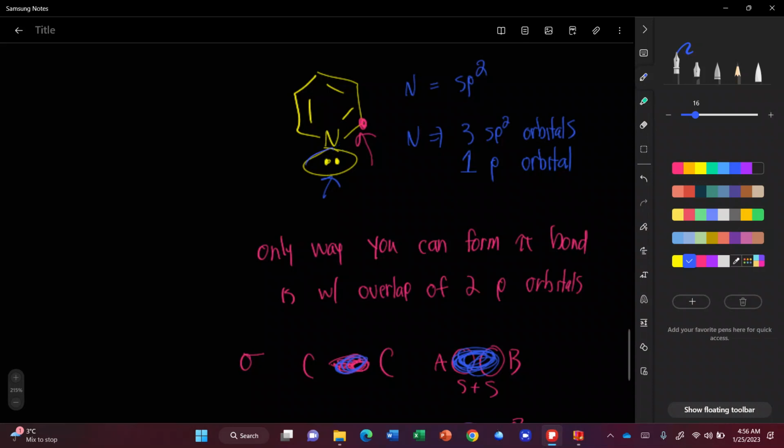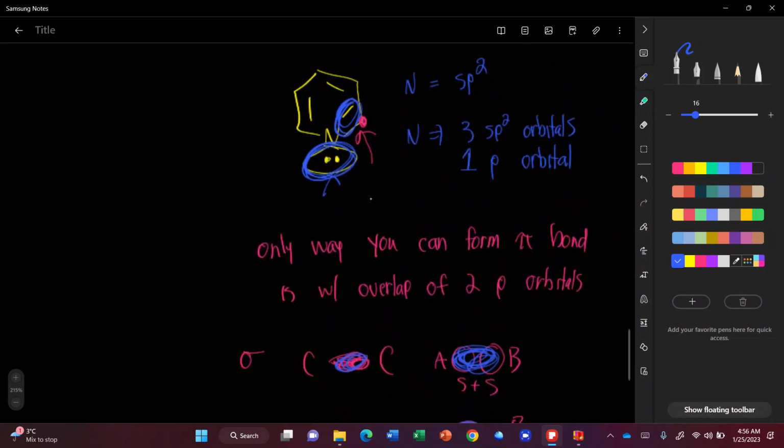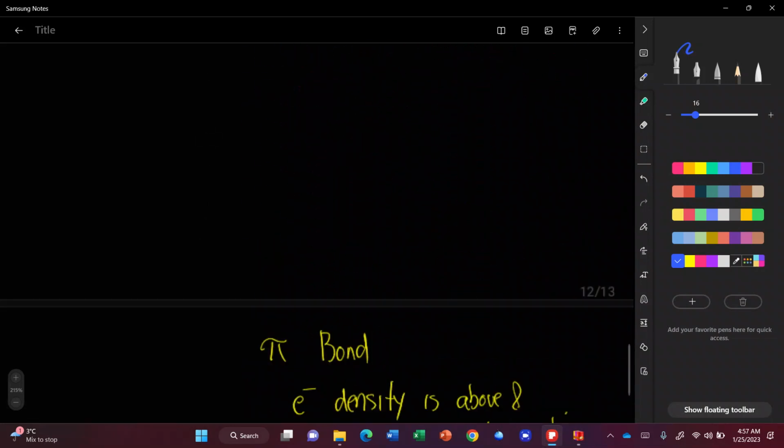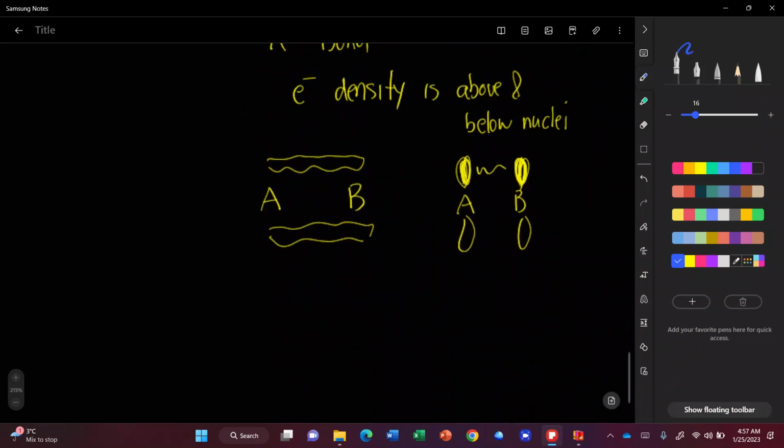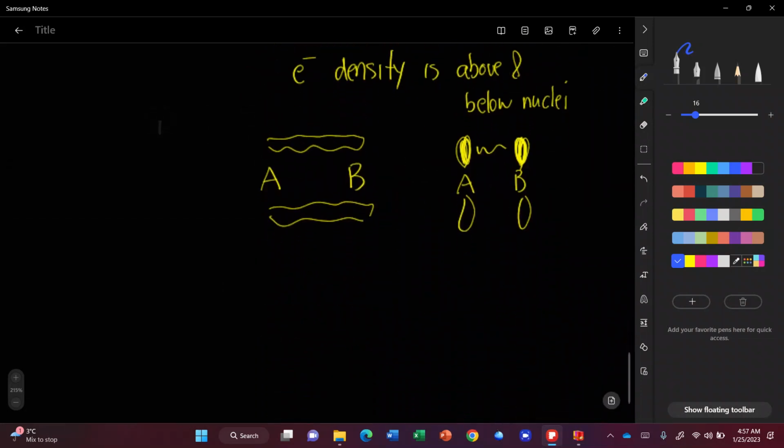Okay? So if this lone pair was in the leftover p orbital, the nitrogen wouldn't have a p orbital to make this pi bond right here. So hopefully that makes sense to you guys. So basically what that means is that that lone pair must be in an sp2 orbital. All right? So that's sort of the logic, okay?